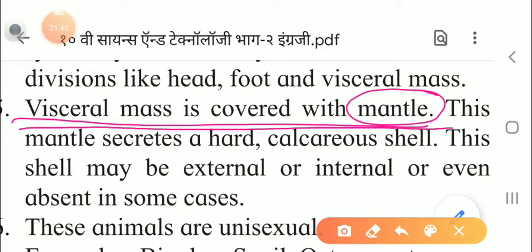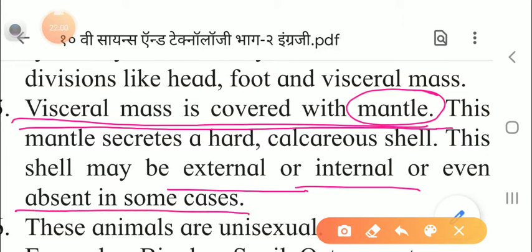This shell may be external or internal. Sometimes the shell is present outside, or sometimes it is present inside, or even sometimes absent in some cases.